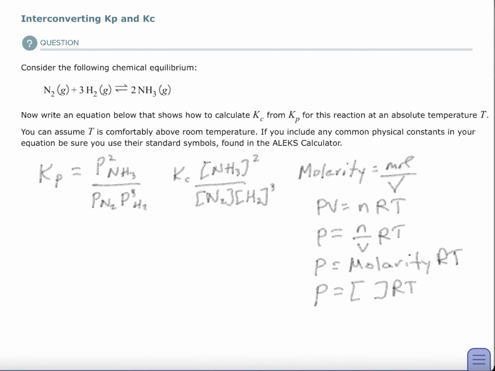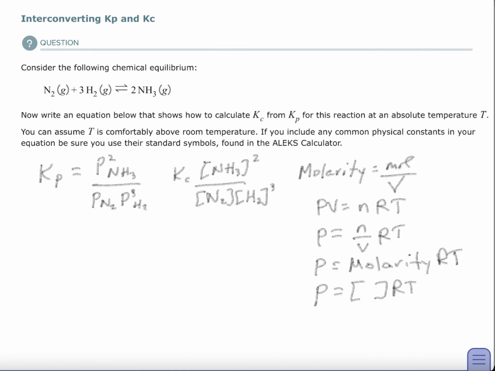So if you look at the ideal gas equation, PV equals nRT, n is the number of moles. Well, if you solve for pressure, since we're looking at Kp here, which is pressure, and remember that moles divided by volume is molarity, then you'll go farther if you can remember that.